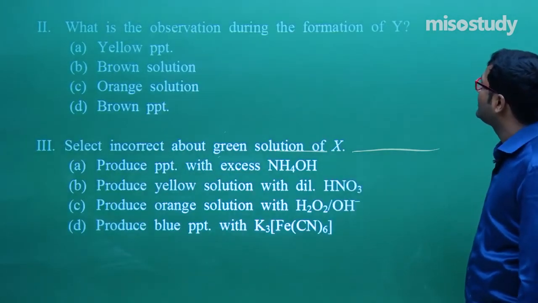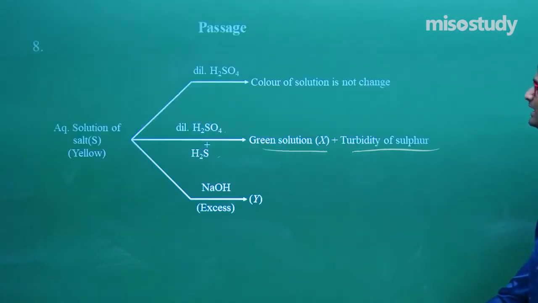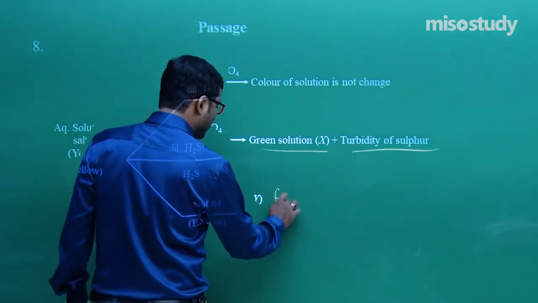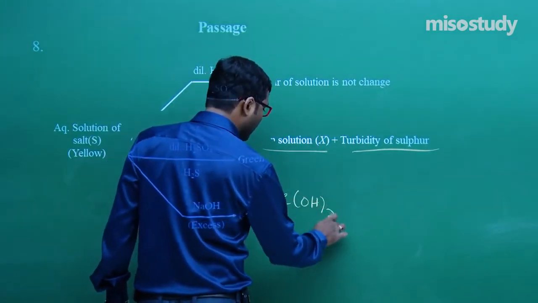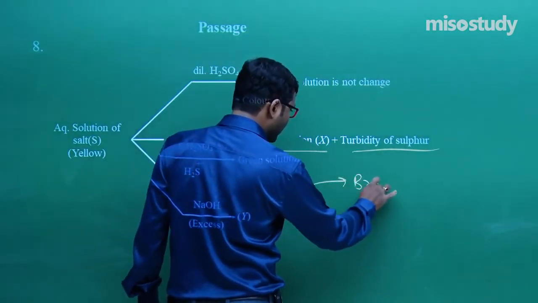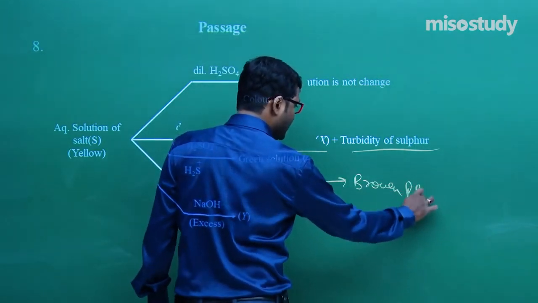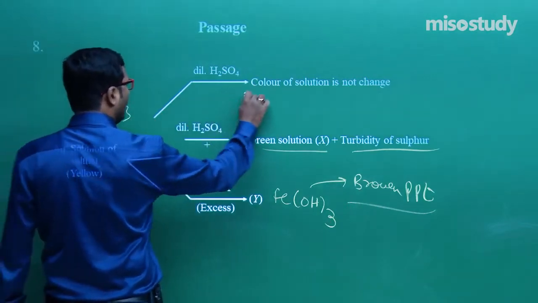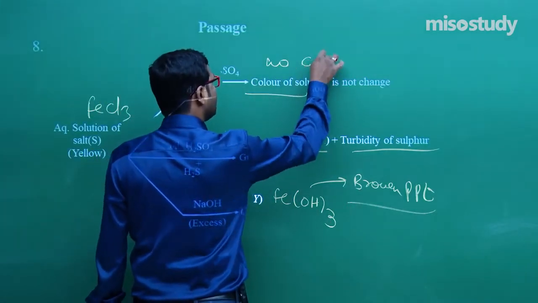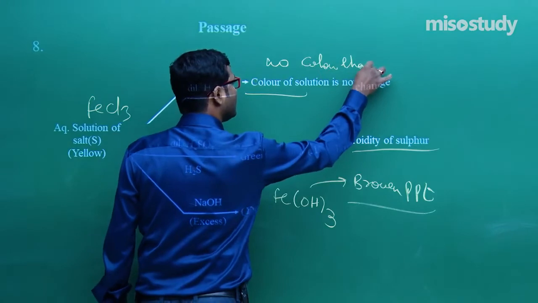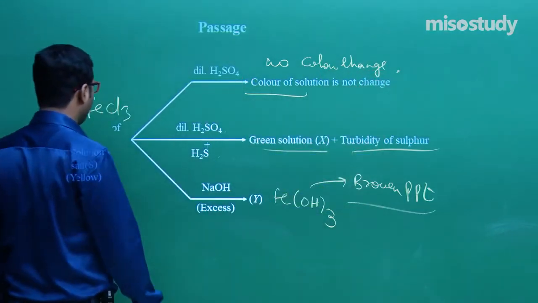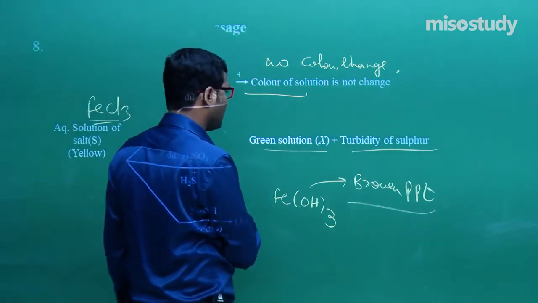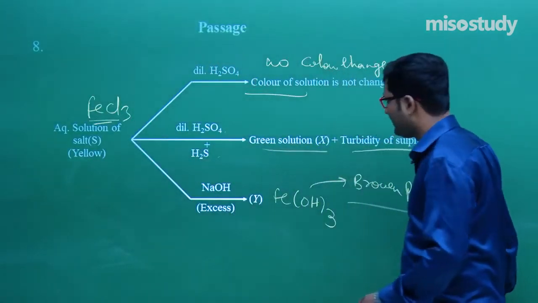Next one, what is the observation during the formation of Y? Definitely Y is Fe(OH)3, and this one is a brown precipitate. Yes sir, complete the reaction. FeCl3, definitely no color change takes place. Now with dilute H2SO4, green solution plus turbidity of sulfur.